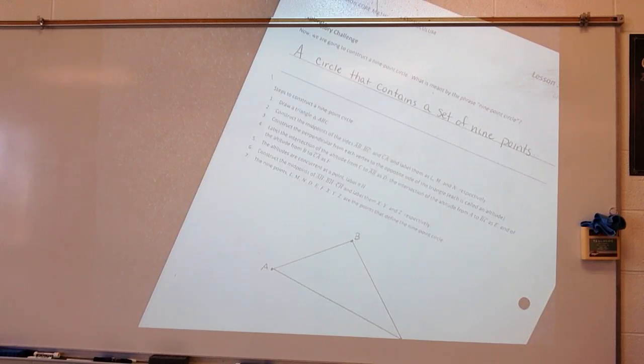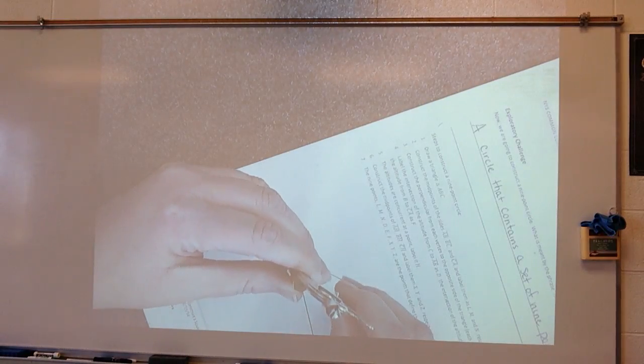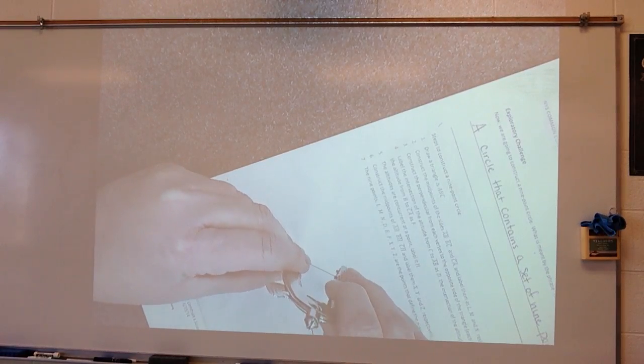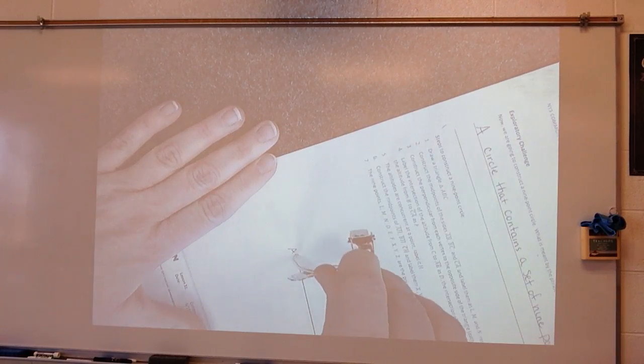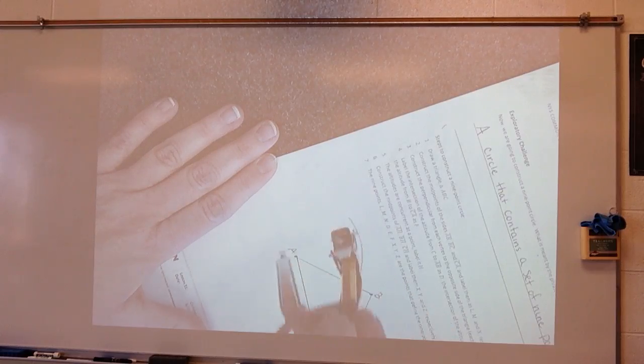So therefore, in order to create that midpoint, I am going to start with AB, and I'm going to put my point on A, open it halfway, or a little better than halfway, and create my arc.